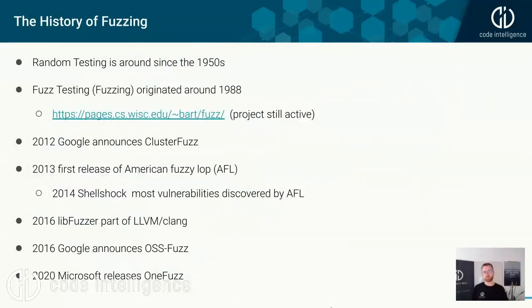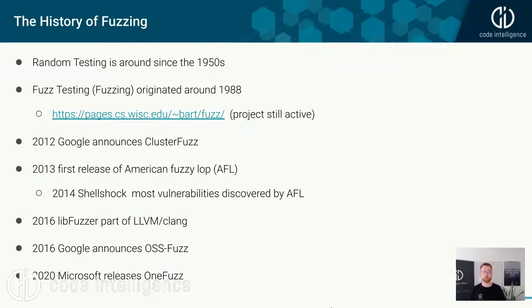From a history perspective, fuzzing has been around for quite a long time. It all started with random testing back in the 50s, but the term fuzzing was coined around 88 by the University of Wisconsin. As you see here in the timeline, in the last few years it really took off.